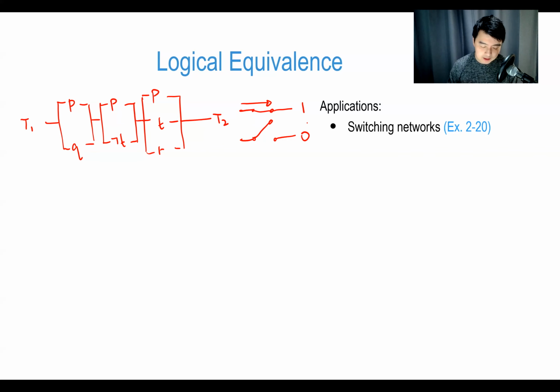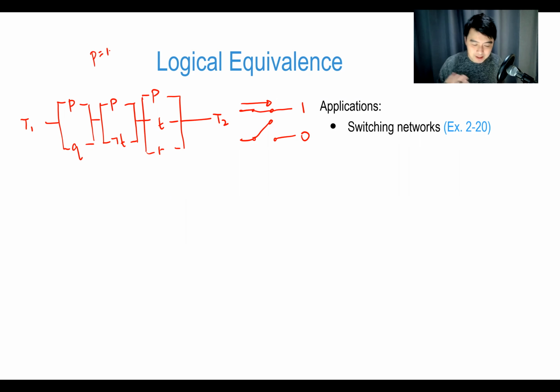So the question is, is it possible for me to transport something from T1 over to T2? Is there an assignment of these variables so that I can get stuff from T1 over to T2? Now you can probably say that, well, yes, because there's a very obvious solution here, which is just to make P equal to 1.